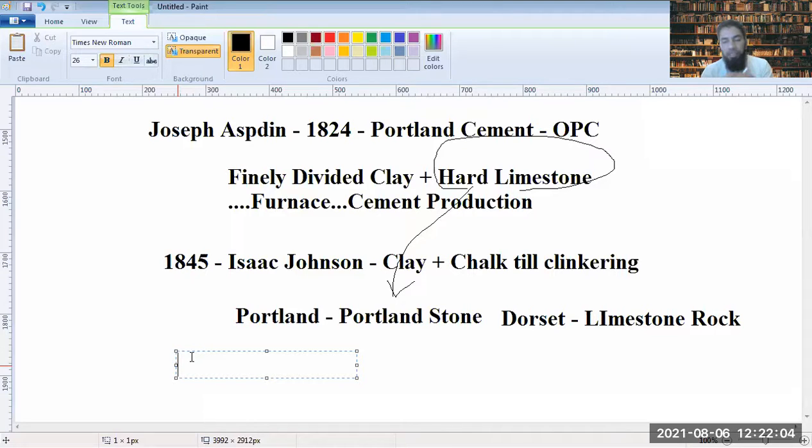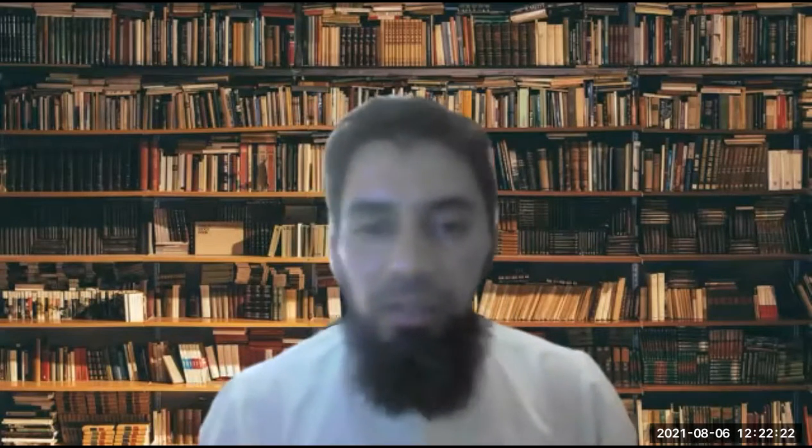Now this had much better cementitious properties. So it actually comes down to the basic material you take. What is the basic material that you are taking? Yes, anyone?